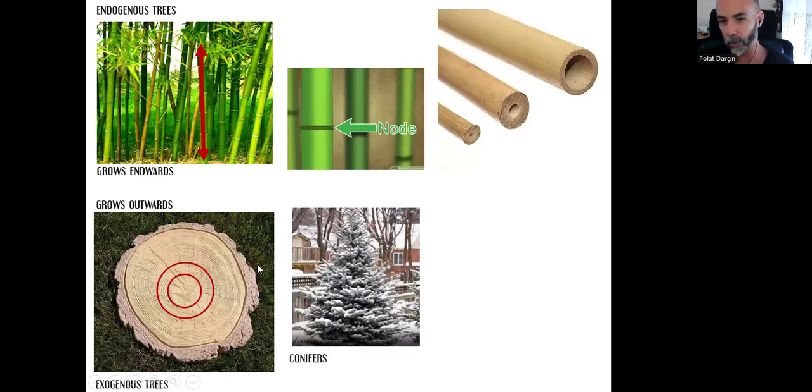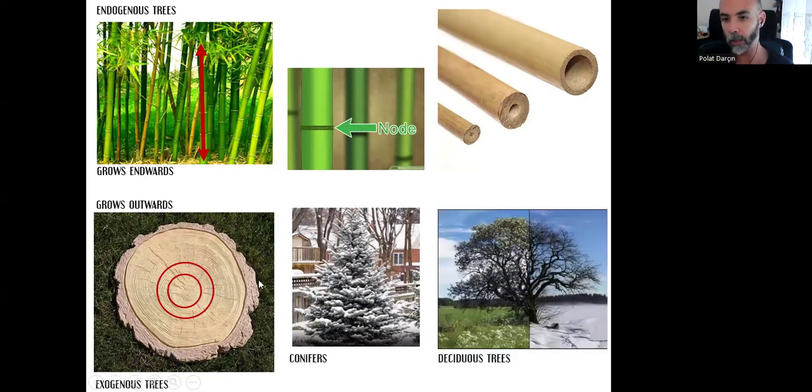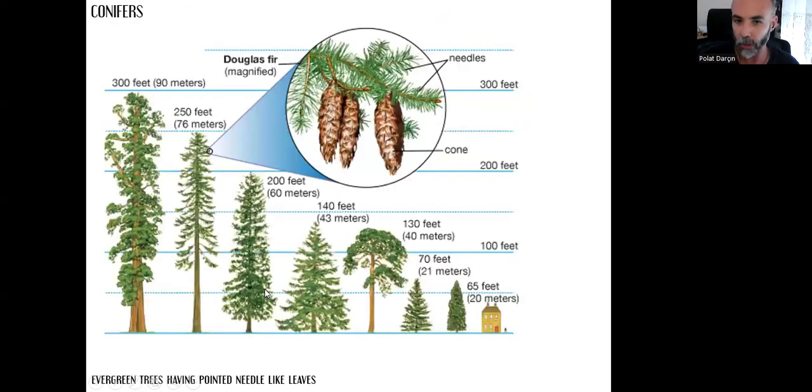We have again two major groups for the exogenous trees. The first group is the conifers, and the other group is the deciduous trees. Conifers, these are the evergreen trees that have pointed needle-like leaves and cones mostly. Sequoia is one of the examples, or fir tree, red cedar, larch, different types of pine, spruce, and cypress.